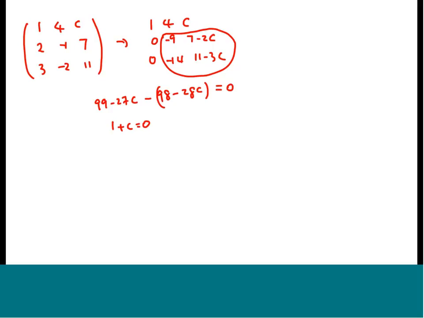Yeah. I got it. So yeah, looks like I got it wrong again. Yeah. Well, I got the same thing as you for the -9, 7 minus 2c, 14, 11 minus 3c. Yeah.